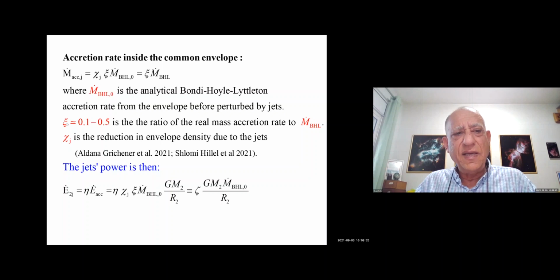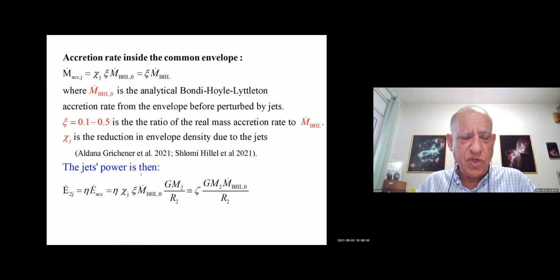And Xi, I take this number as 0.1 to 0.5. In some cases, it can be 1. Some people claim it's less than 0.1. This is disputed, which is fine. The effect of the jet is under study. Our group studied it in simple manners as of this time, and we will hear about it later today.